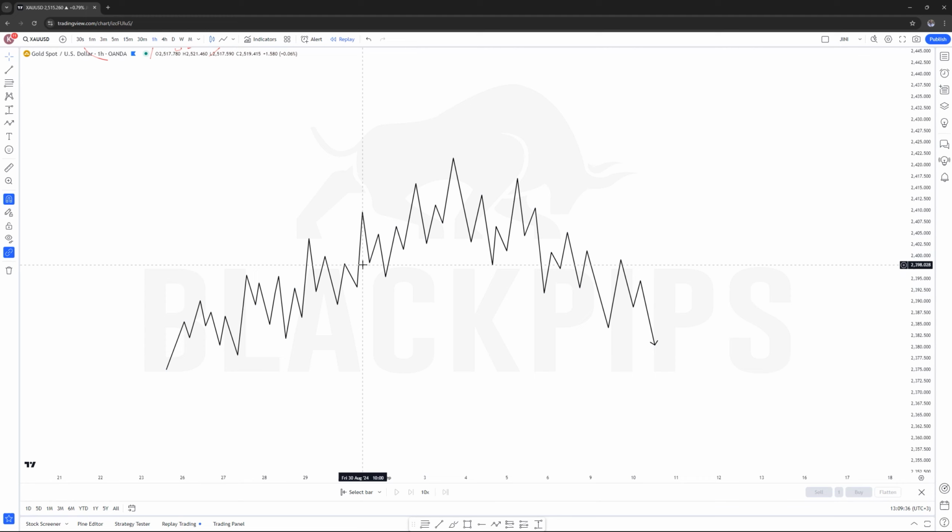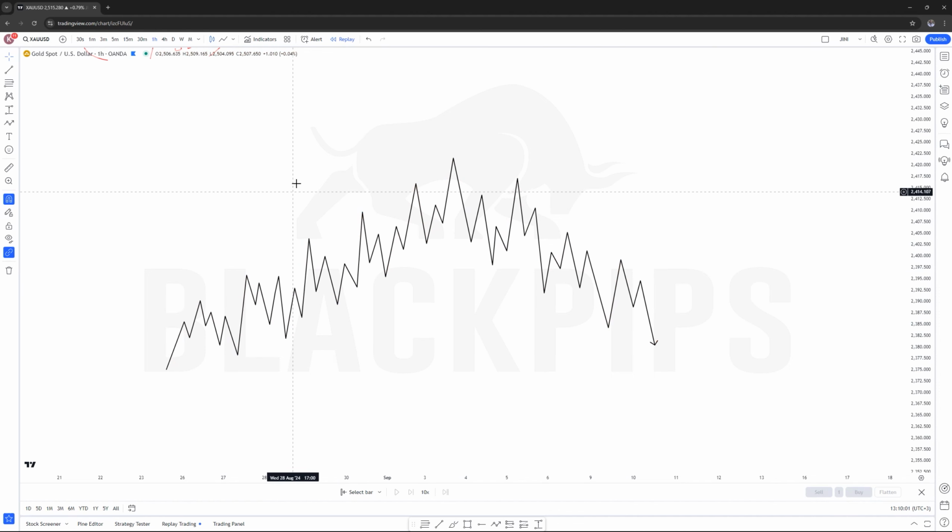These are the trends that are found within the daily, within the 1 hour trend. But if you go to the daily time frame, you can only see that. But when you go down to the 1 hour, you will see the market structure like this.